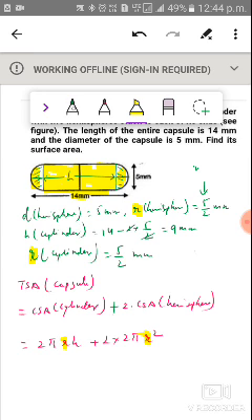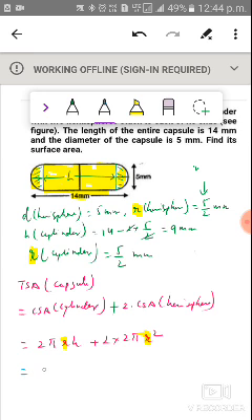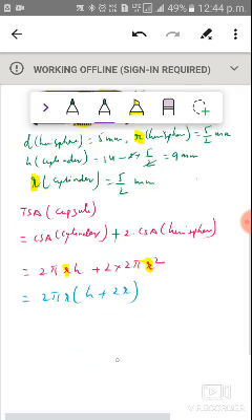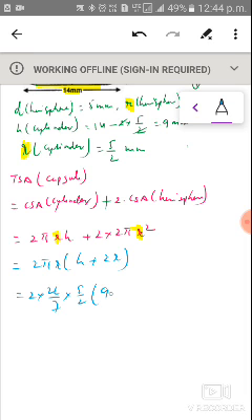Now to solve this one, what I'm going to do, I'm going to take 2 pi r common here, and then what remains is h plus 2r here, right? And calculating further, 2 multiply pi is 22 by 7, multiply r, that is 5 by 2, into h, that is 9, plus 2 multiply 5 by 2.